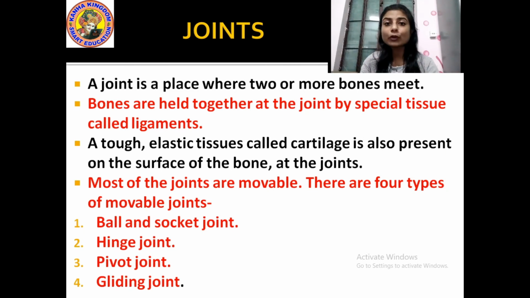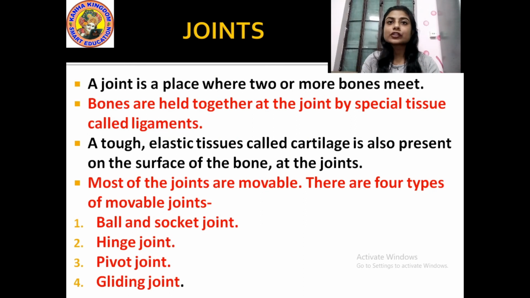Cartilage is the soft bone present on the surface of the bone. It is an elastic-like, stretchable tissue present on the surface of the bone. That is called cartilage.